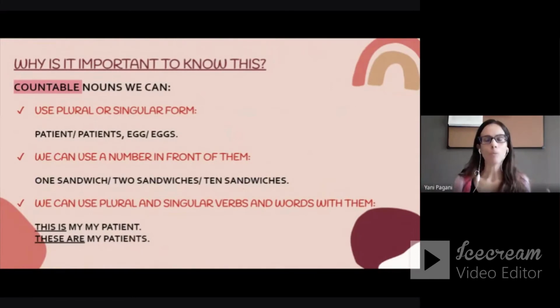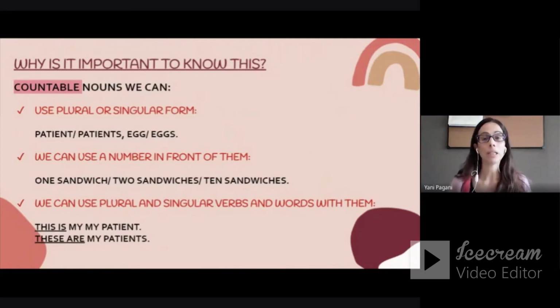Now, maybe you are asking, why is this information important? Well, because once we know if a noun is countable or uncountable, we know what rules we can apply to that noun.